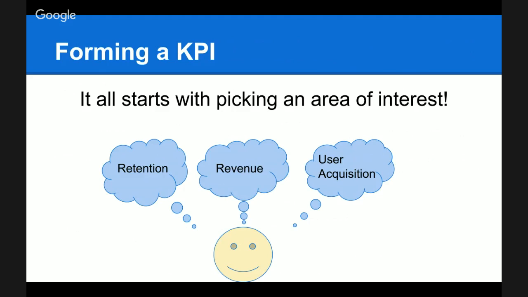But let's think that we're at the very beginning of the process and we're just brainstorming what KPIs I could come up with to address some business situations or problems that I'm having with my product. It all starts with picking just one area of interest.